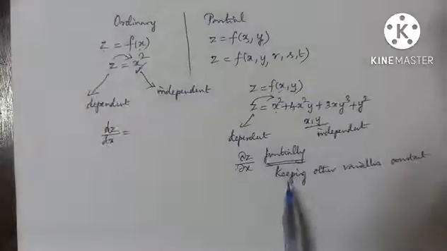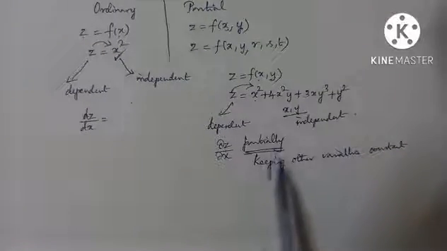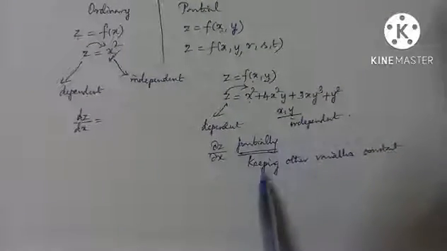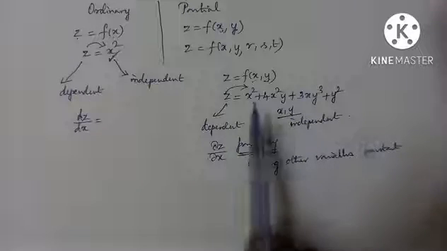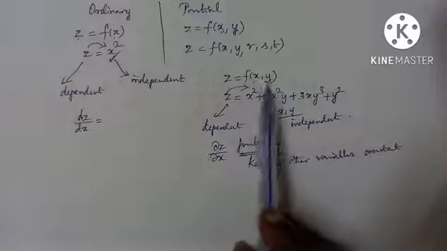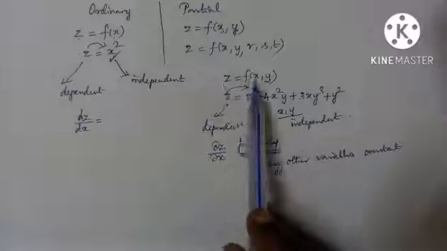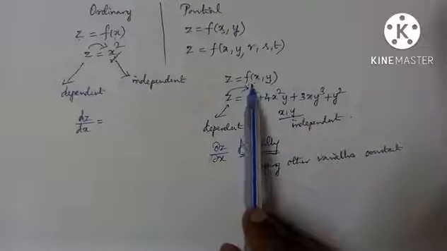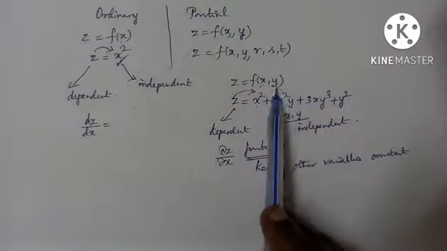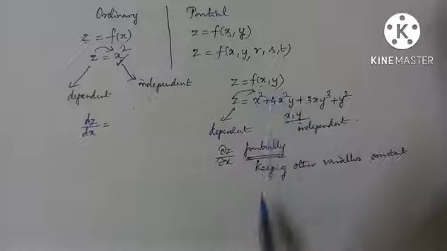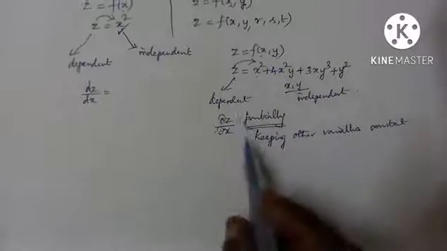So it replaces many words. When z is a function of x and y, when you differentiate z with respect to x partially, y becomes constant. That's why the word partially. Okay. Dou z by dou x.